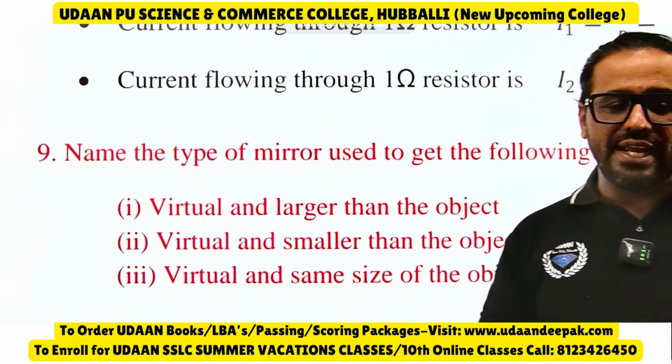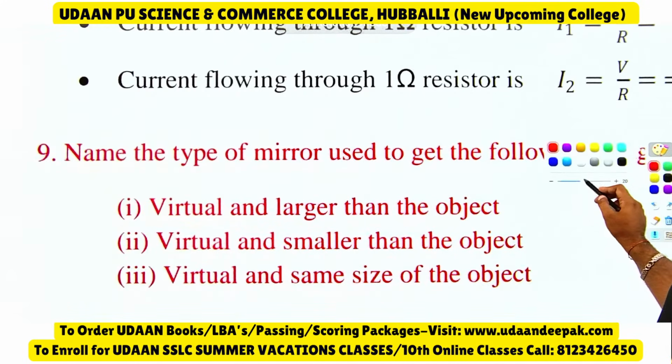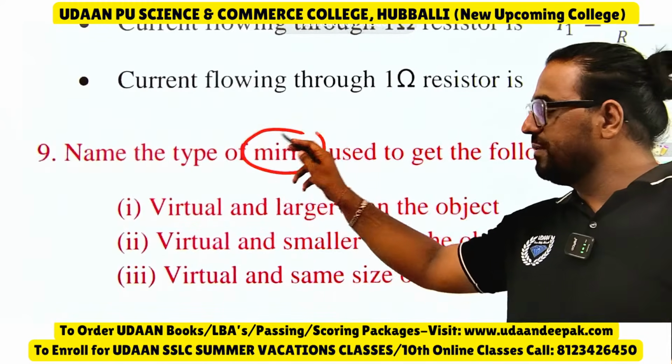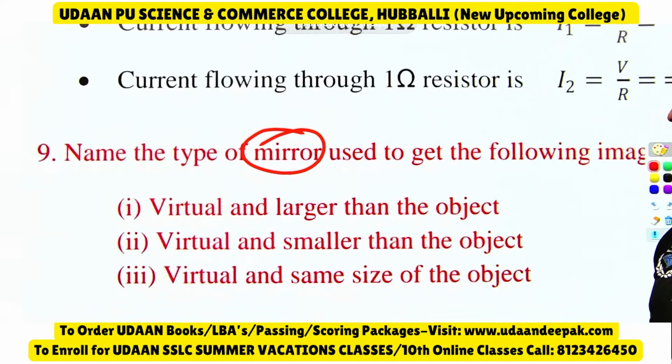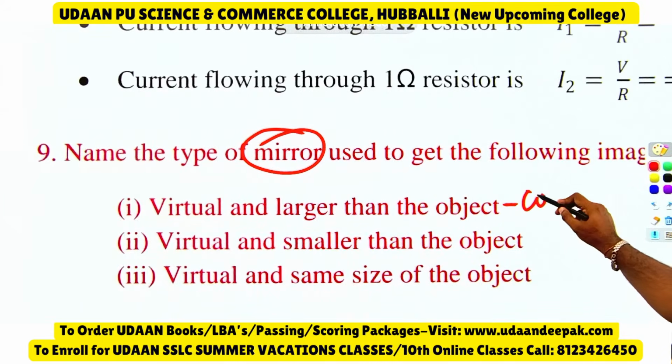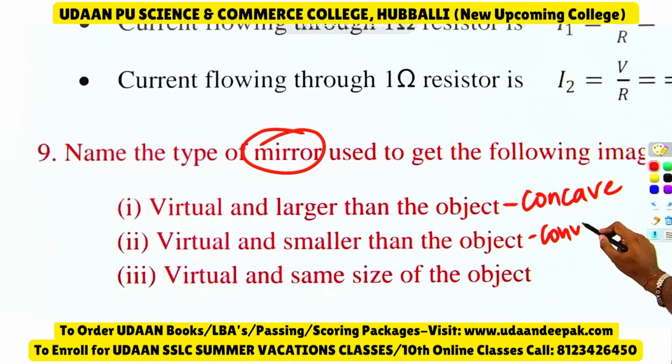Tell me the answer now. See here, which type of mirror should be used? First one, virtual and larger than the object, is a concave mirror. Second one, virtual and smaller than the object, is a convex mirror.